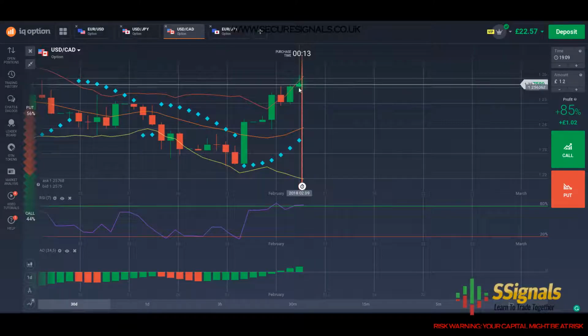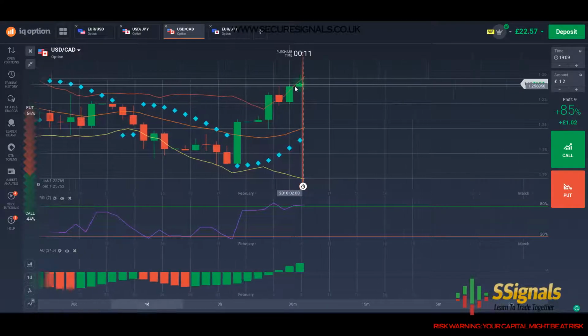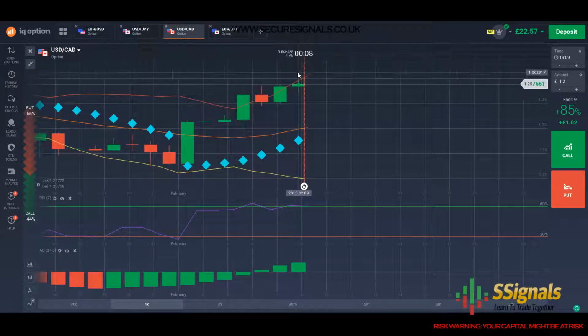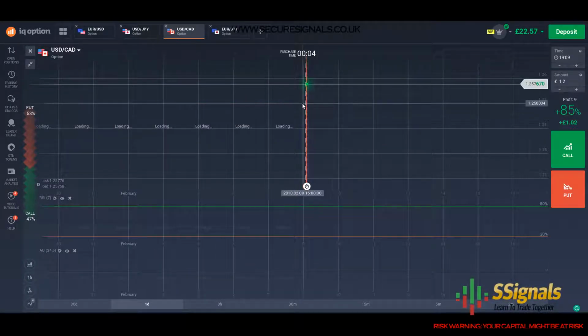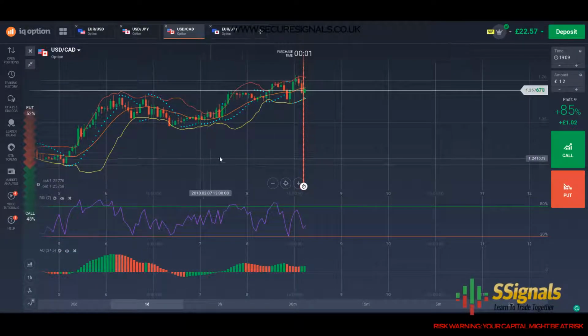As you can see, price is bullish here, but there is more rejection going on. So this might be a bit of a 50-50 one, directional wise.